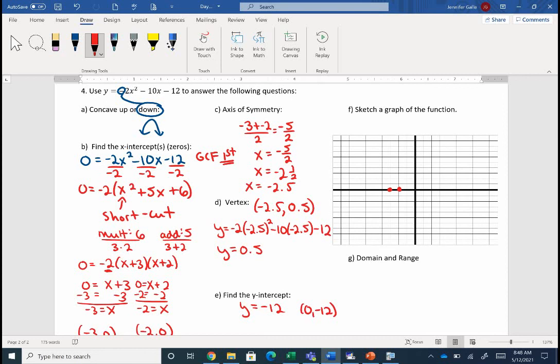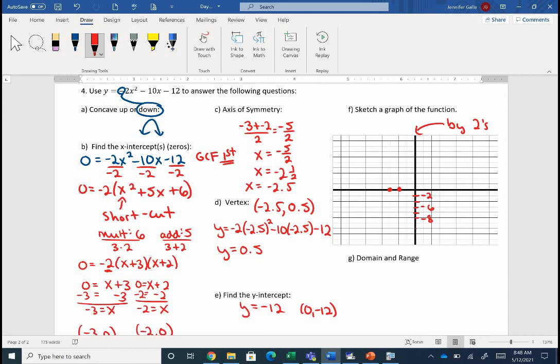This graph only goes to -10, so I need to change my scale to go by 2s. If you want to label every other line, that's okay. Or guys, to be honest, if you just label the first few, I'm okay with that too. Just as long as I can see that you've changed your scale. So I just labeled like the first 3. I know by looking at that now the scale's going by 2s.